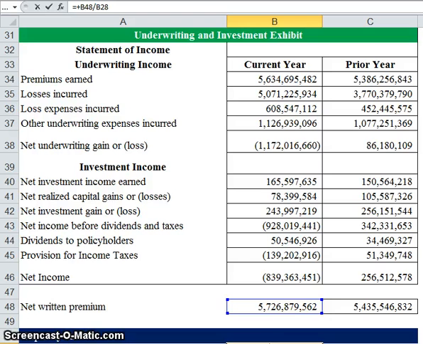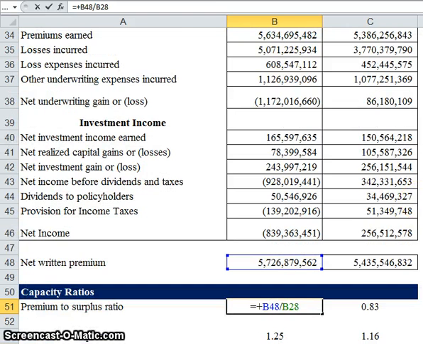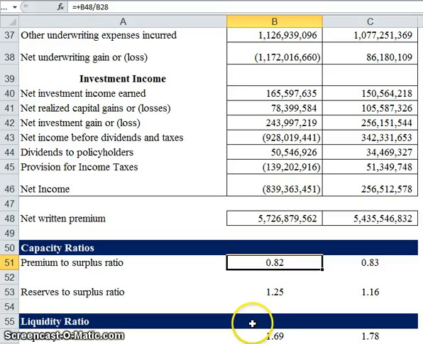The NAIC wants to see this number below 3. So Barnley's 0.82 result for this year is very good, as was last year's 0.83 ratio.